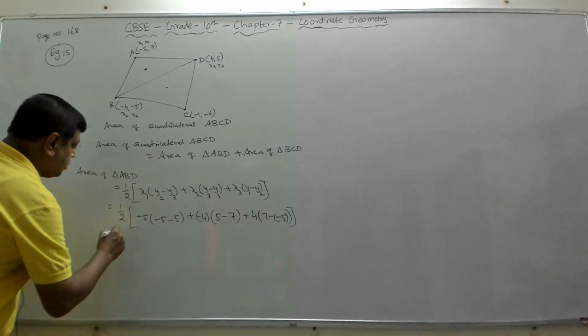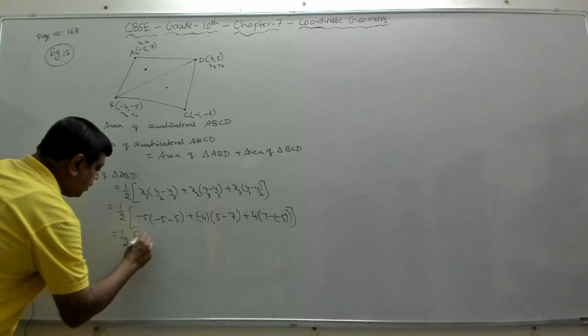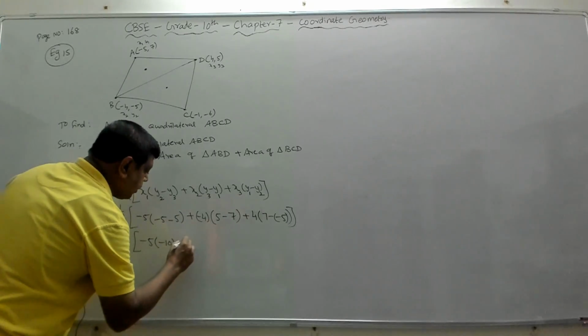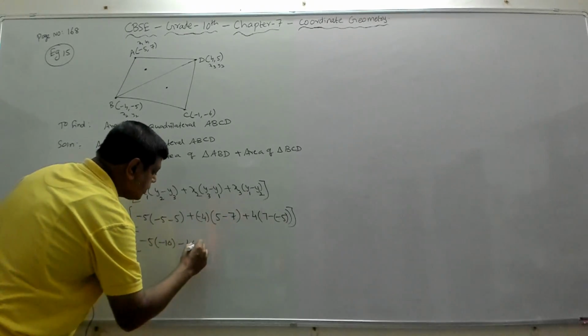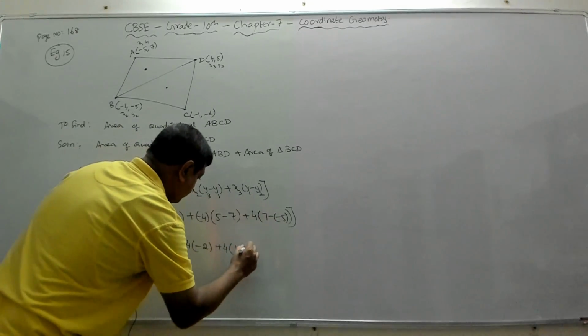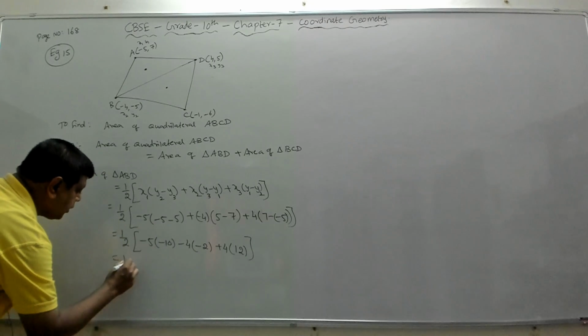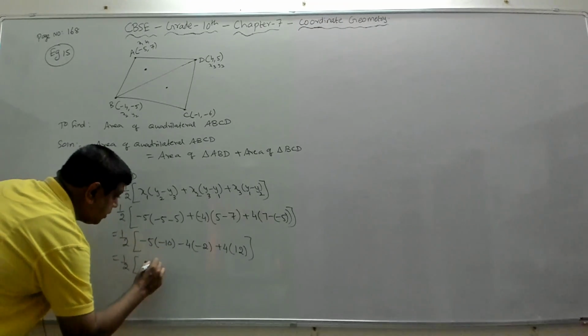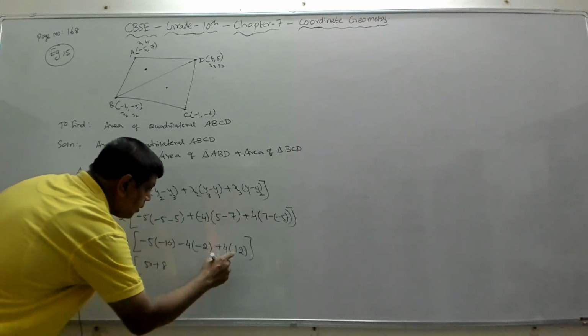Now, if you simplify 1 by 2 of minus 5 into minus 5 is minus 10. Then this is minus 4 into 5 minus 7 is minus 2, plus 4 into 7 plus 5 is 12. So that is equal to 1 by 2 of 50 plus 8 plus 48.